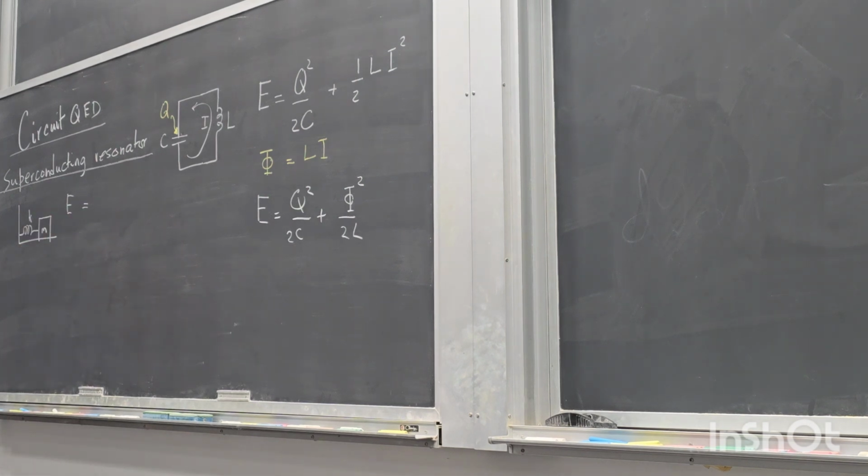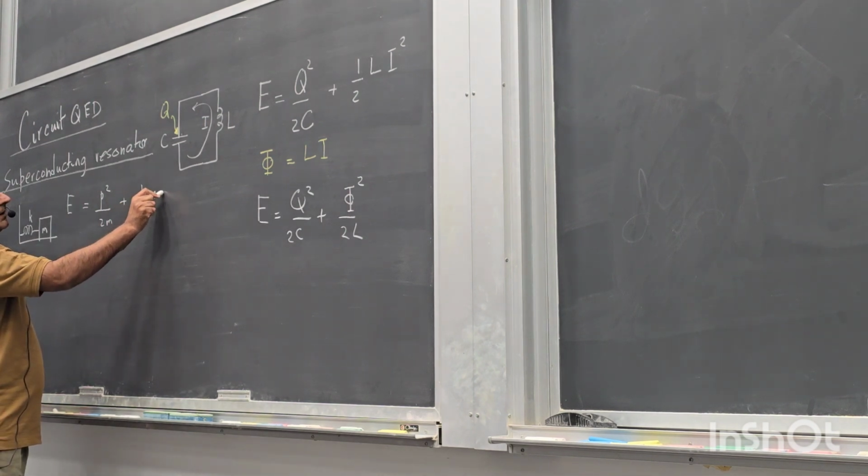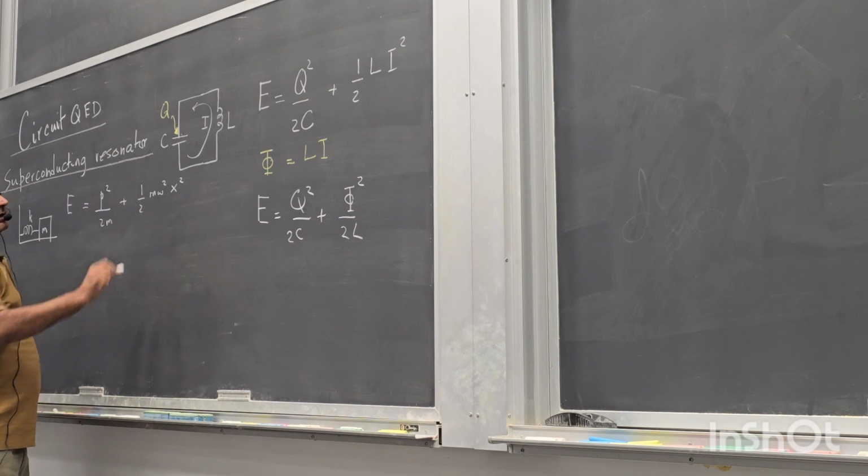So what's the energy inside this mechanical oscillator? Right, p squared over 2m plus half m omega squared x squared.